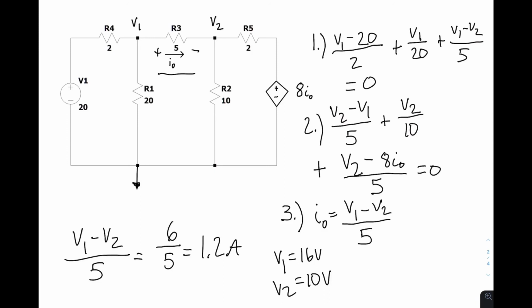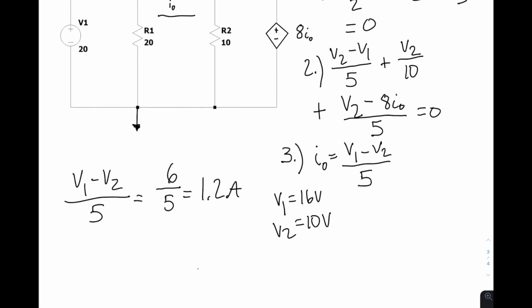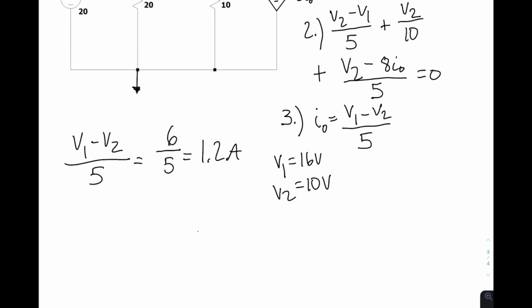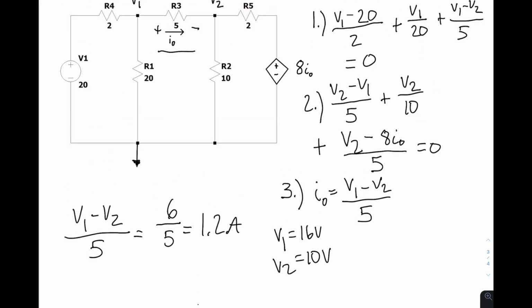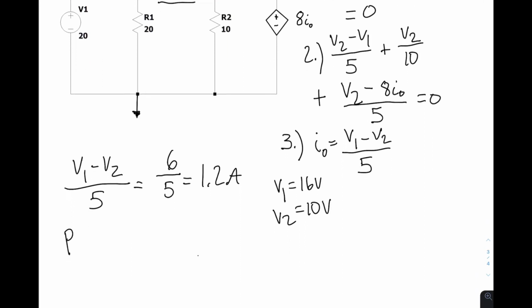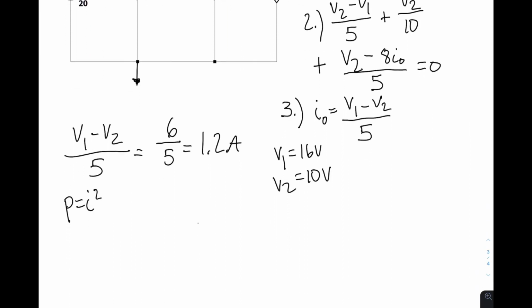If you wanted to know the power dissipated by the 5 ohm resistor, take the current across that resistor, which is going to be I naught, which equals 1.2 amps. So we're going to have P equals I squared R, which is equal to 1.2 squared times R, which is 5.